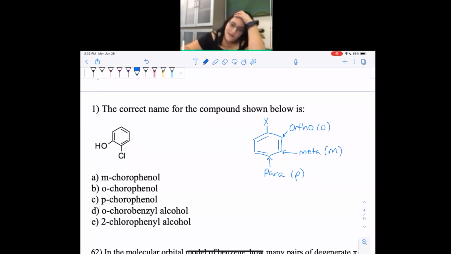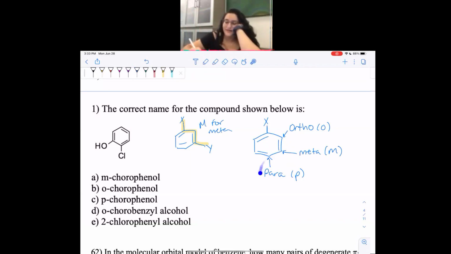All right, so the way I remember it is pretty dumb, but I will show you. If we have something here, X, and let's say we have Y, Y in the meta position gives you an M. So M for meta. Ta-da! The next one is para. I think of para as the South Pole, so it's the opposite pole.